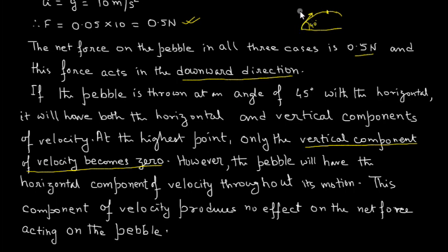For this 45-degree angle, there will be two components here, one vertical and one horizontal. This will be V cos theta, that is cos 45-degree, and this will be V sin theta, that is sin 45-degree.